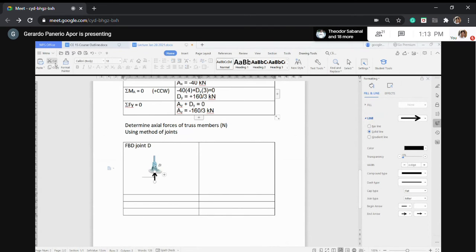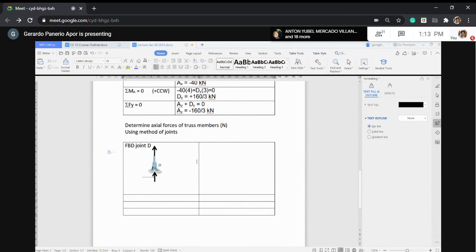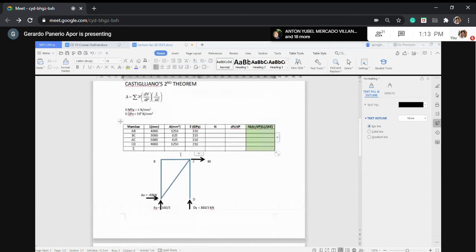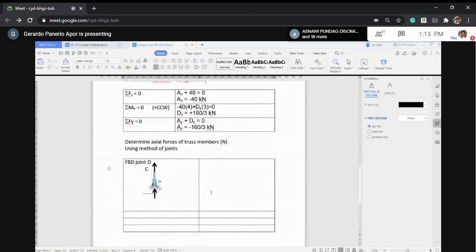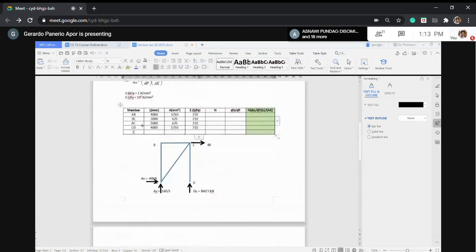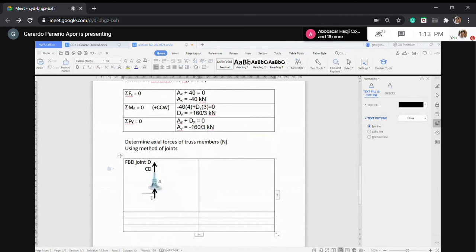We solved that already. And the second, we represent this at D. We call this member DC or CD. I will just call it N subscript CD. This one is plus 160 divided by 3 kilonewton.